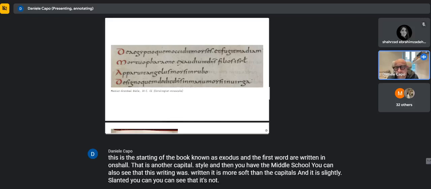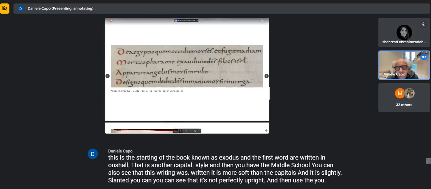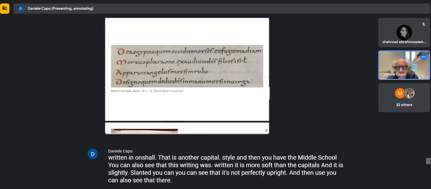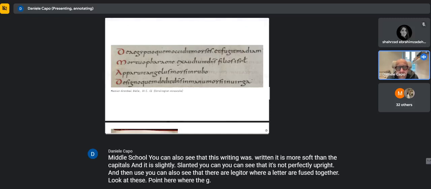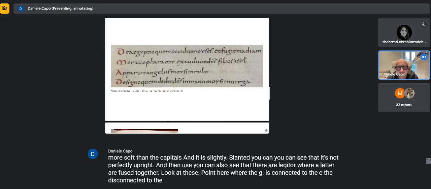You can see that it's not perfectly upright, and then you can also see that there are ligatures where letters are fused together. Look at this point here where the G is connected to the E that is connected to the L.